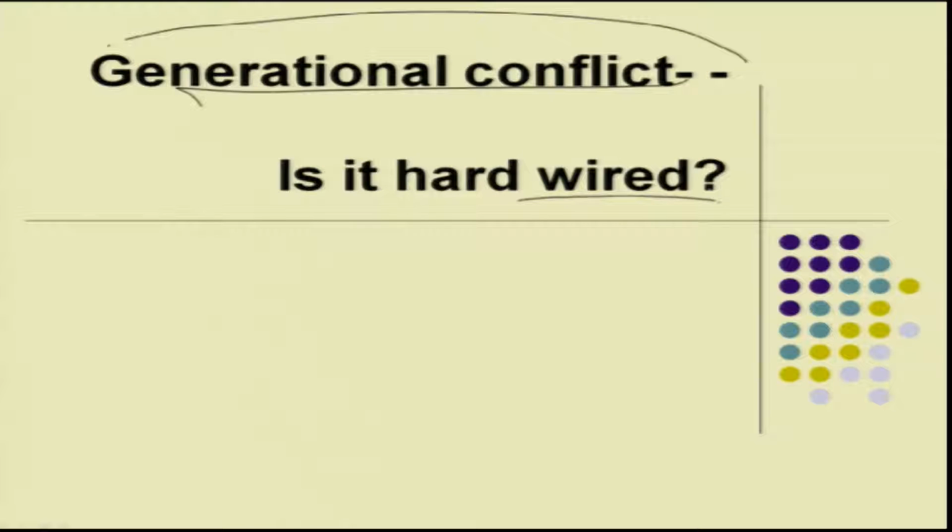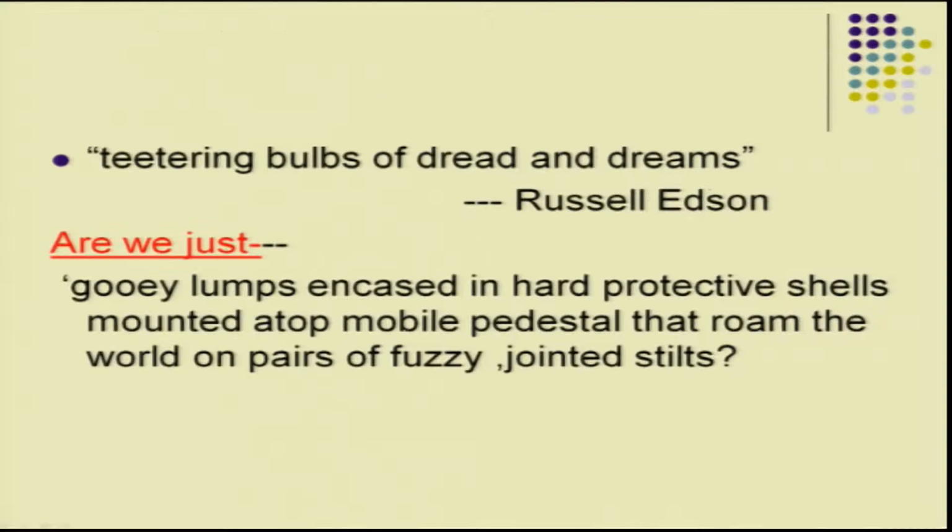So, the big question is whether it is hardwired. Hardwired means whether your brain actually is like this. Someone said that adolescence is nothing but a teetering balance of dread and dreams. There is a lot of anxiety. If you go back to your adolescence, you can still think of being there, where all the time your mind is in perpetual anxiety of what is happening, who are you.